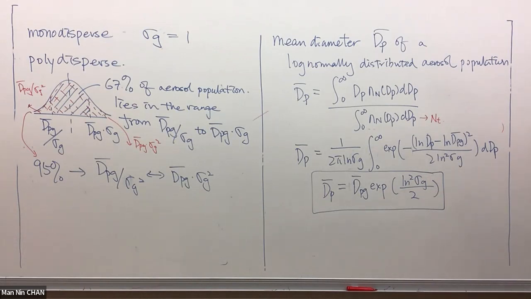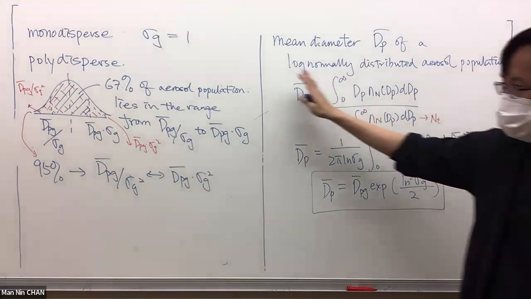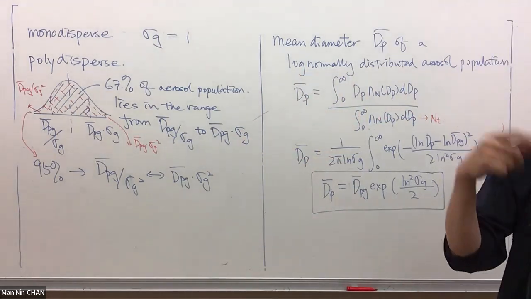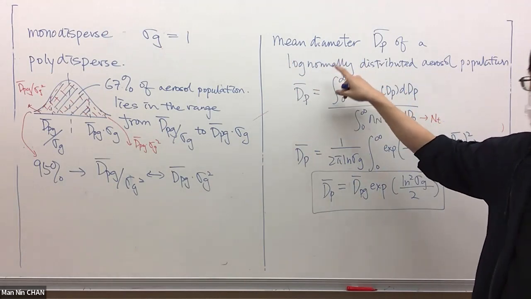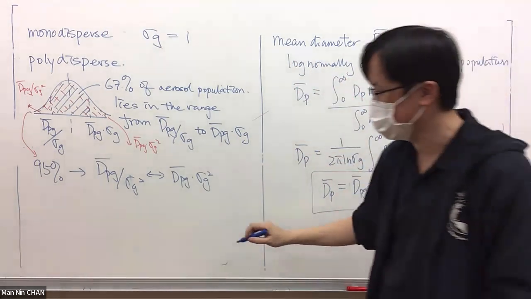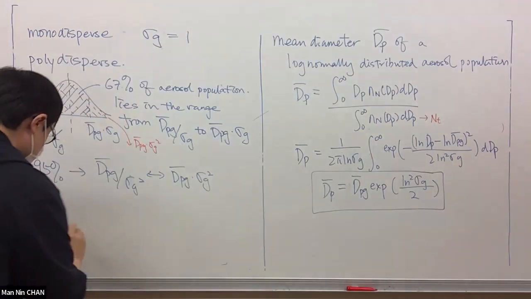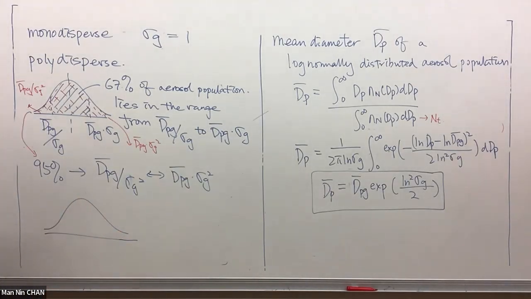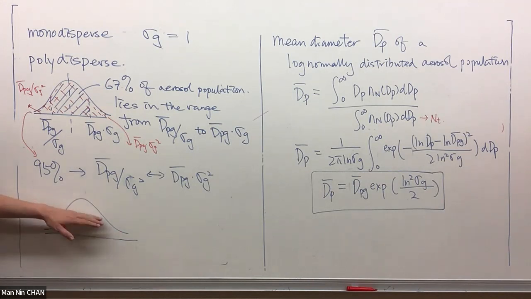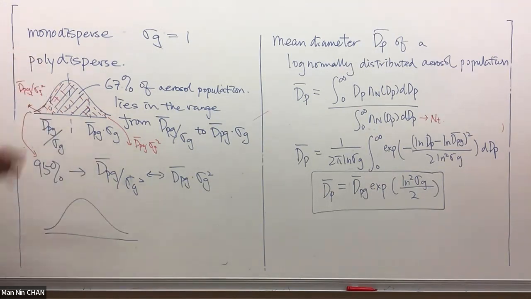But one thing is, why do we want to spend some time to talk about this aerosol size distribution and the log normal distribution function? It is because, going back to the very beginning, your size distribution data can always be well fit by some log normal distribution function.